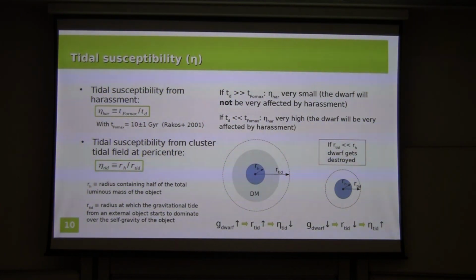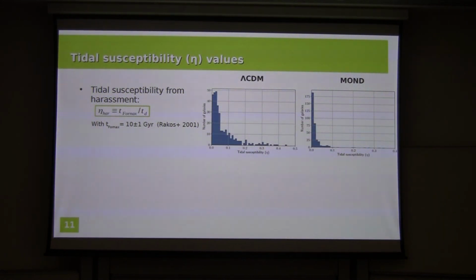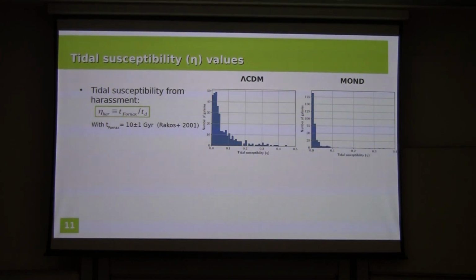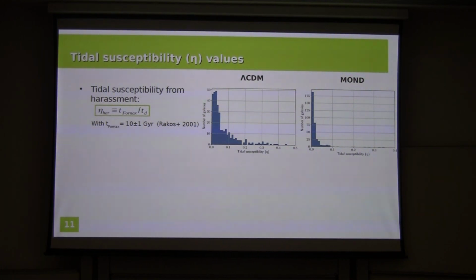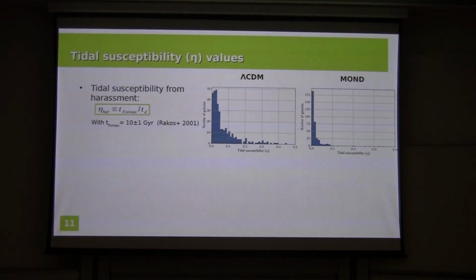So now we have all our formulas defined, and therefore we can now just apply them to the dwarfs that are in the catalog. These two histograms show the tidal susceptibility that you would get by harassment, applying the previous formula. As you might see, these tidal susceptibility values are very small, so it seems unlikely that harassment is the reason why these dwarfs look perturbed.